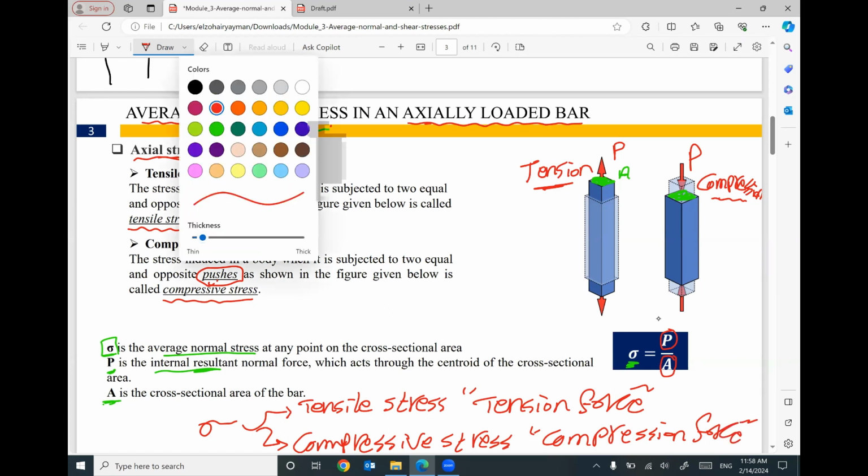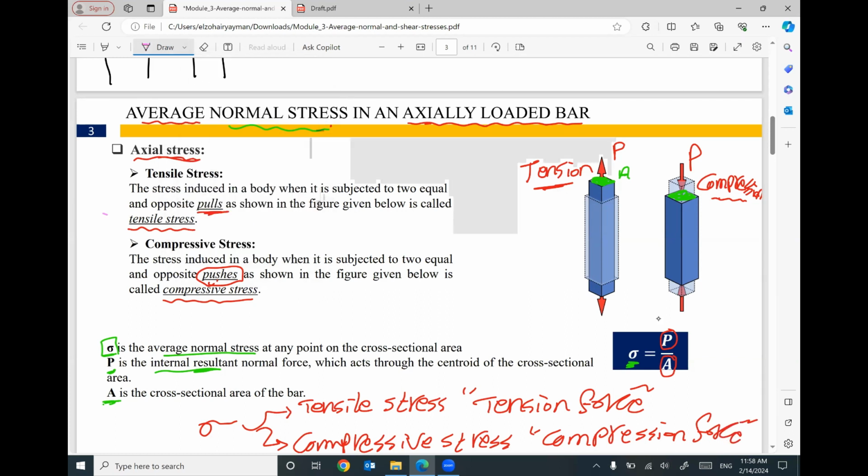Just a reminder, this stress value equals the applied force divided by the cross-section area. Also, if the stress is tensile stress, it will be positive. If the stress is compressive stress, it will be a negative value. This one is positive, and this one will be negative. Does that make sense? We have a few examples.